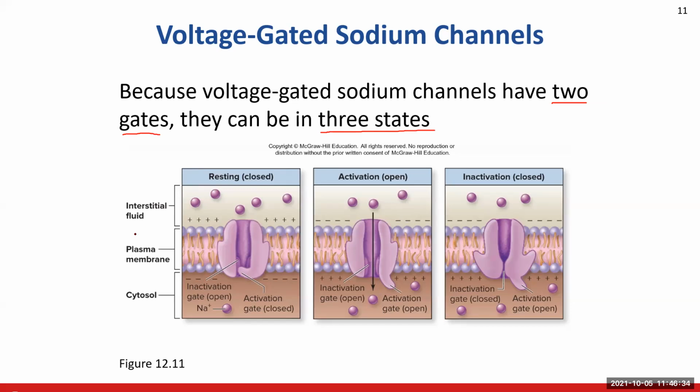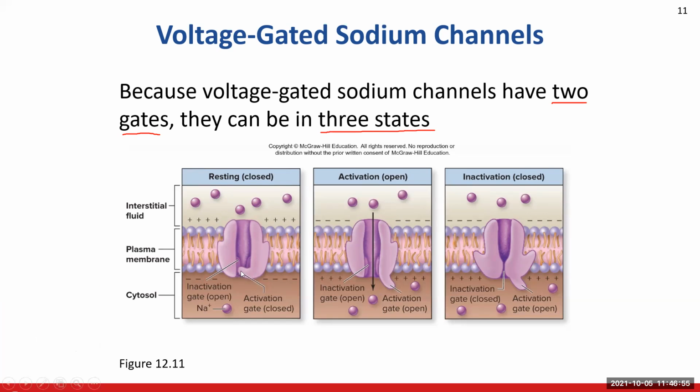Now, when you look at these pictures here, you'll notice there's lots going on. We have our molecules on the outside. These are sodium molecules. Then you'll notice we have our transport protein, our channel here with the gates. This type of channel has two gates.